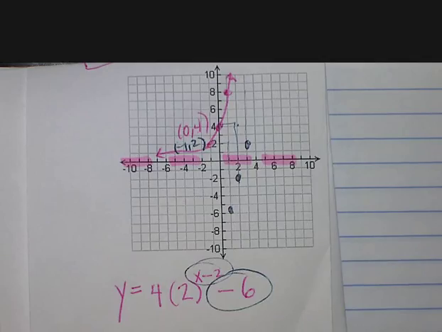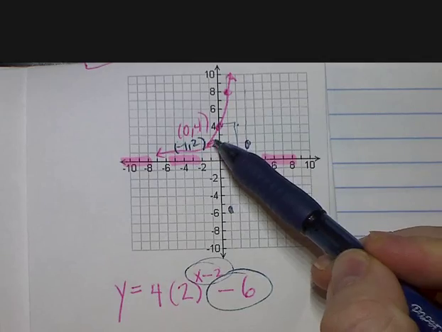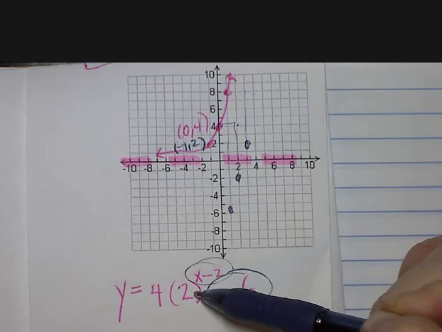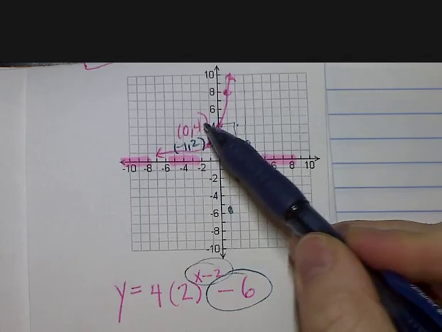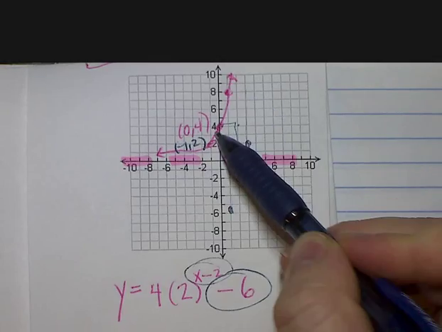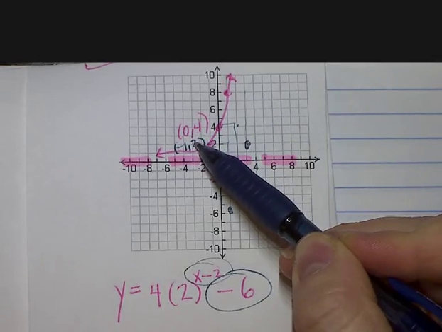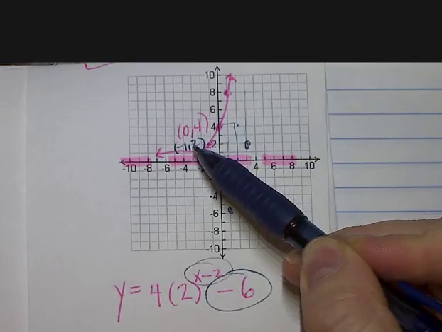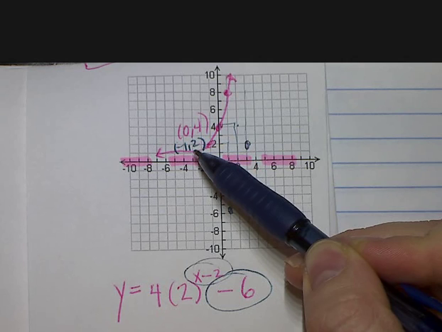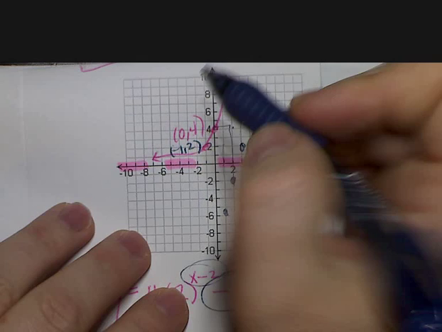When I go to the right, I multiply by 2. So 0, 4 and 1, 8. When I go to the left, I divide by the rate. So 4 divided by 2 is 2. 2 divided by 2 is... Don't overthink. That's okay, kiddo. -2, 1.